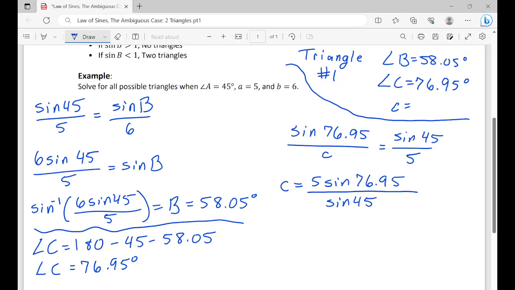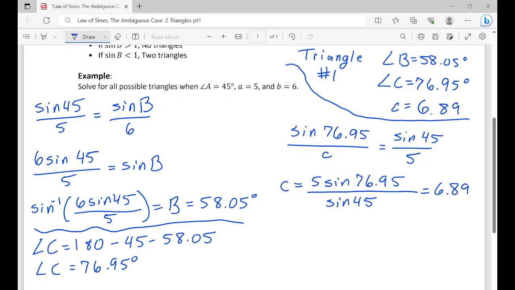And when you plug this into a calculator, you're going to end up getting 6.89. So the other missing side is 6.89. So these are the missing angles and side for this first triangle.